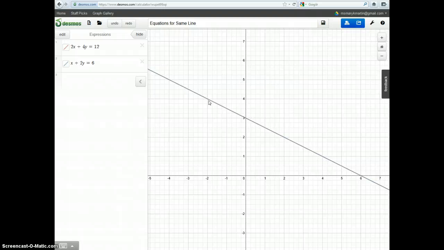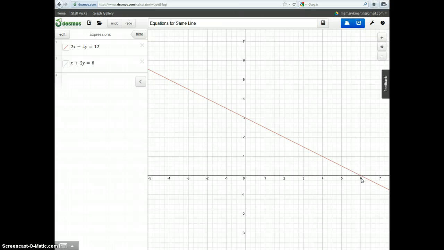For example, the point -2, 4 is on the blue line, and it's also on the pink line. The point 0, 3 is on the pink line, and it's also on the blue line. The point 6, 0 is on the blue line, and it's also on the pink line.